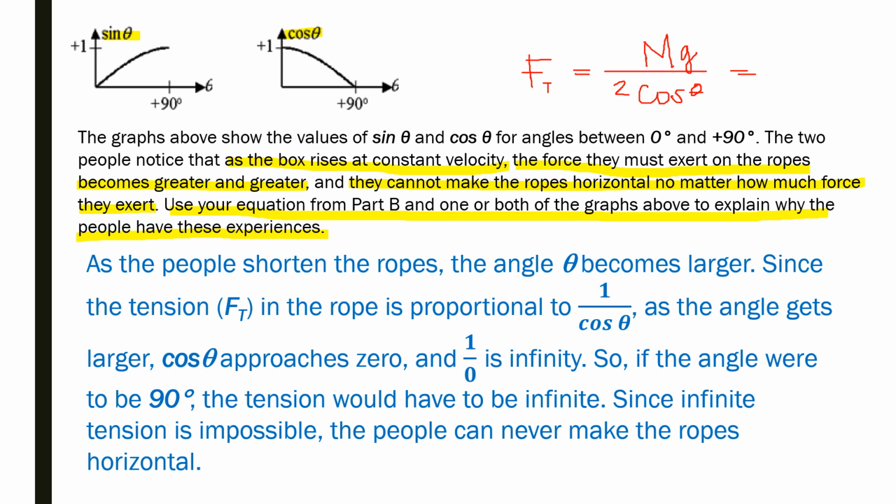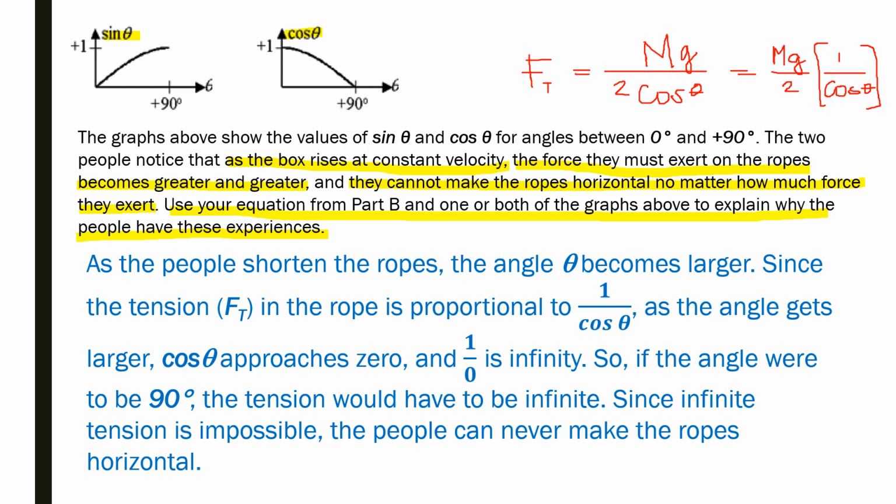So that will give us mg over 2 times 1 over cosine theta. So this will be another way to represent your answer. So that's from the previous page.